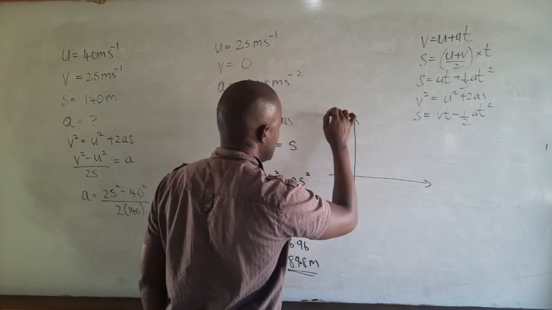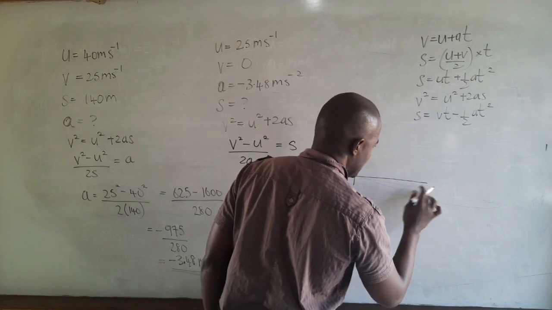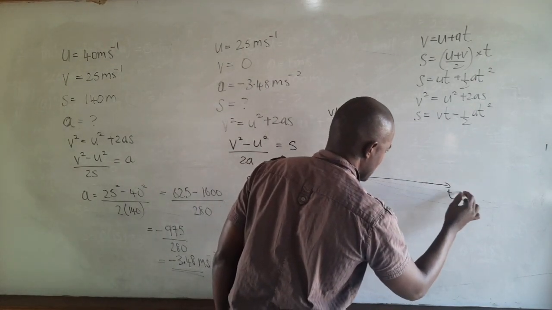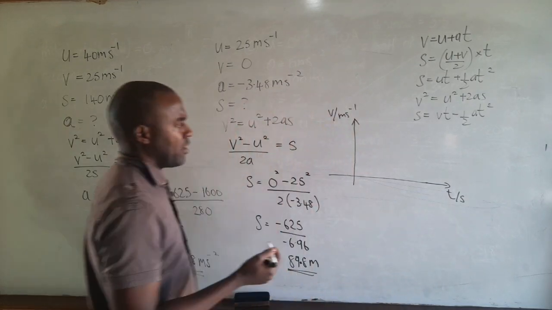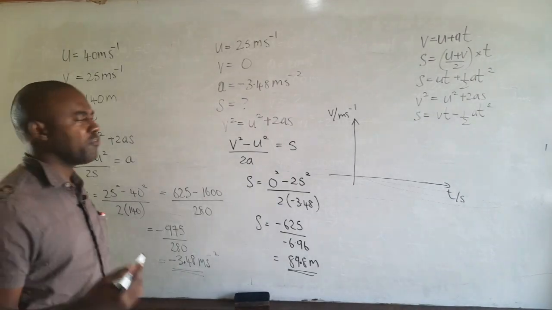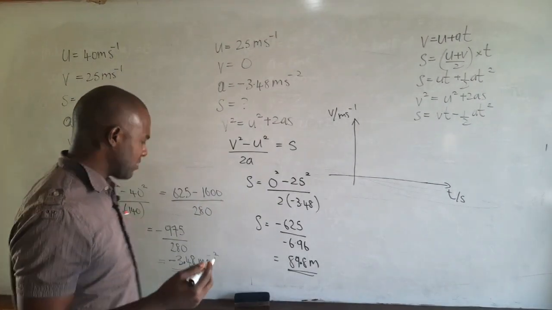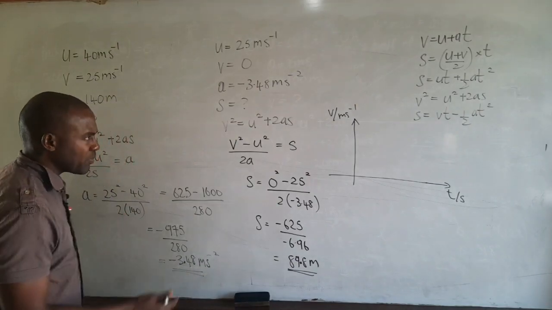So we have the velocity, v, in meters per second, and we have the time taken, t, in seconds on the x-axis. So essentially, it is decelerating uniformly from 40 meters per second to rest at a rate of 3.48 meters per second squared.